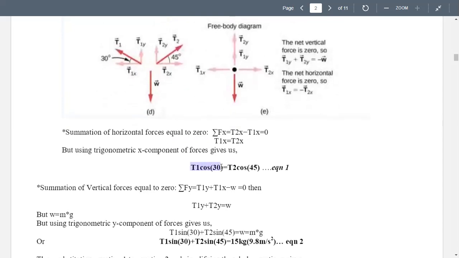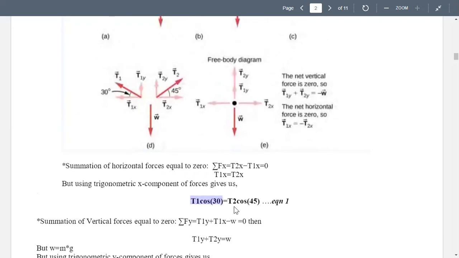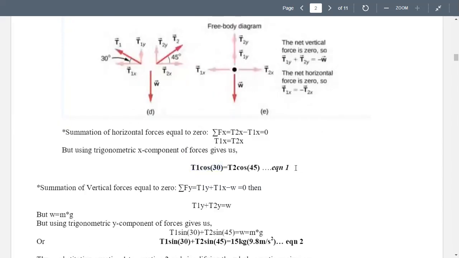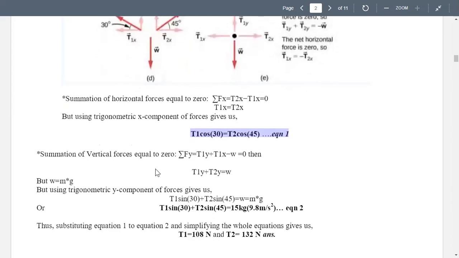So this becomes T1 cosine 30, and we equate it to the horizontal component of the second cable, T2 cosine 45. Now we have established our first equation with T1 and T2 as the unknown variables.